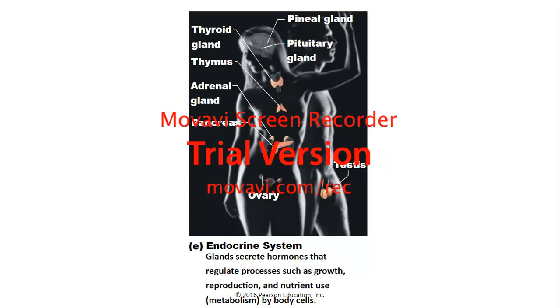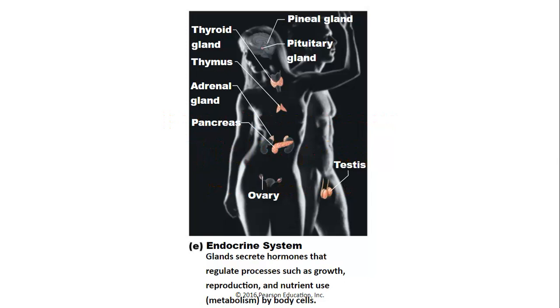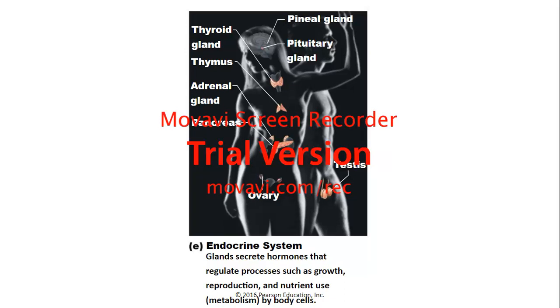I can't really stress enough, a lot of diseases that people deal with involve the endocrine system. So if anything goes wrong with the endocrine system, a lot of times it's going to cause disease states. So a lot of diseases that people have to deal with are directly related to the endocrine system, with metabolism, hormones, and so forth.